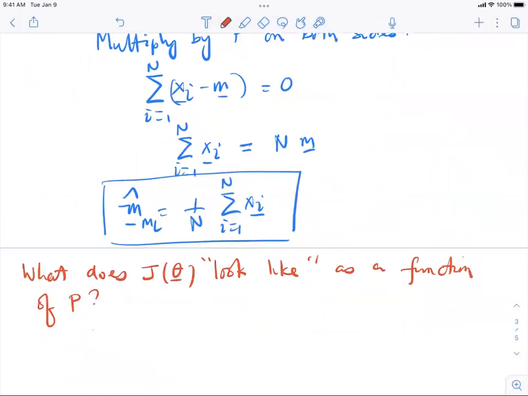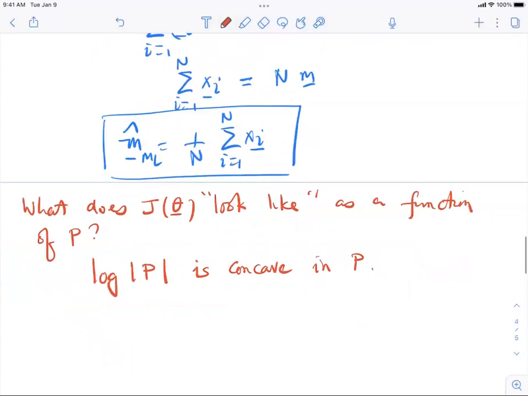So let's look at the term log of the determinant of P. This is something I'm not going to show, but I'm going to assert that this is concave in P. That is to say, in the high dimensional space of positive definite matrices, it looks like this. The proof is actually not that bad.